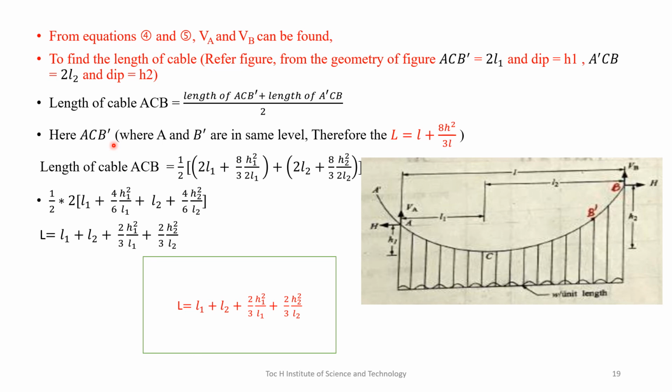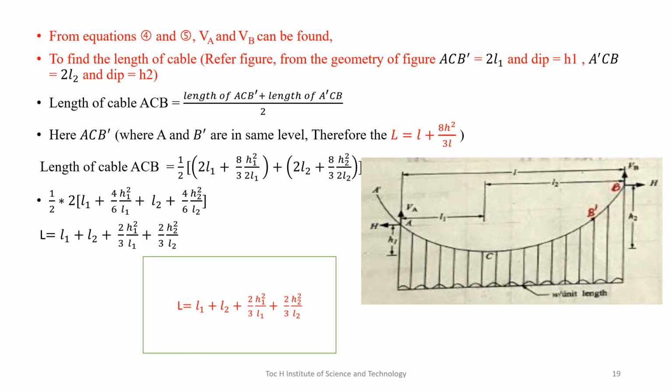So let's use the equation L is equal to L plus 8H square divided by 3L to find the length of this cable ACB dash, such that ACB dash is equal to half into 2L1 plus 8 H1 square divided by 3 into 2L1, plus 2L2 plus 8 into H2 square divided by 3 into 2L2, and simplifying this equation you will get the length of the cable ACB is equal to L1 plus L2 plus 2 by 3 H1 square divided by L1 plus 2 by 3 H2 square divided by L2. So this is the equation to find out the length of the cable.